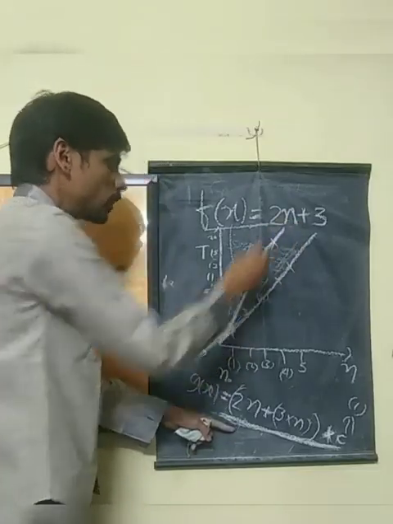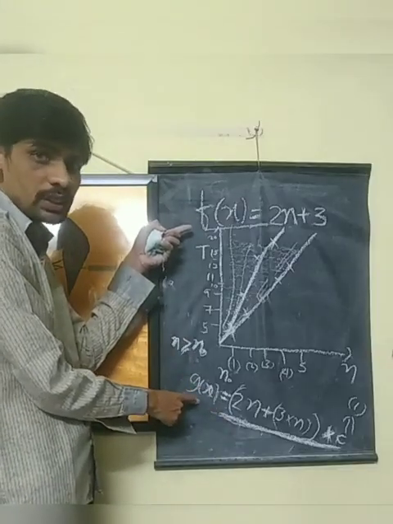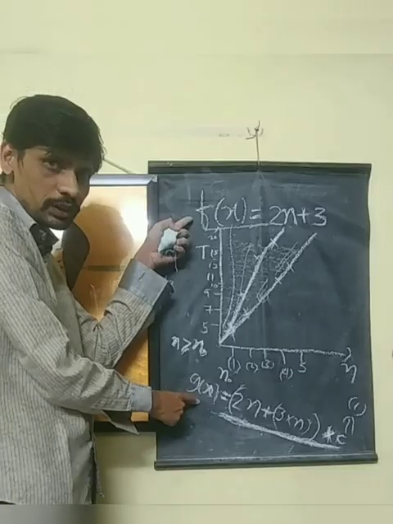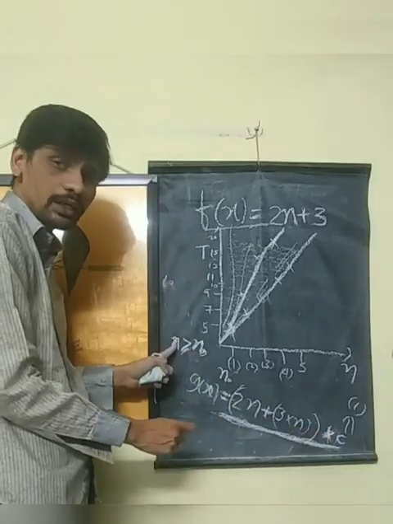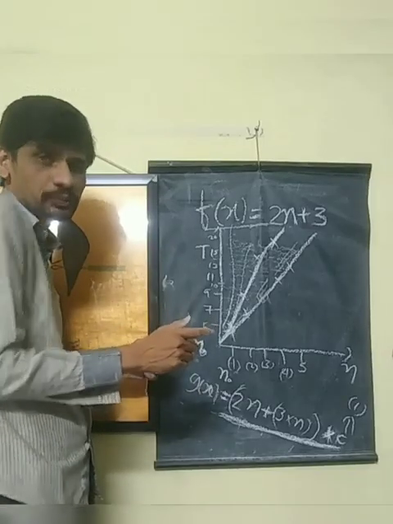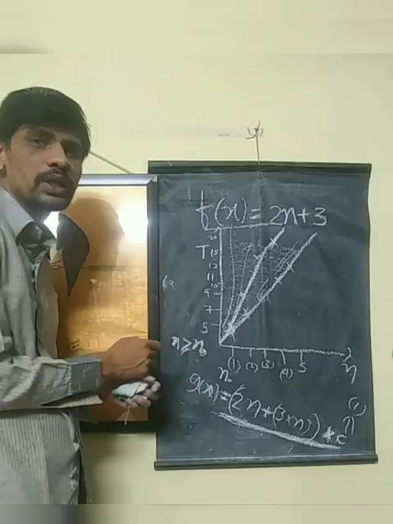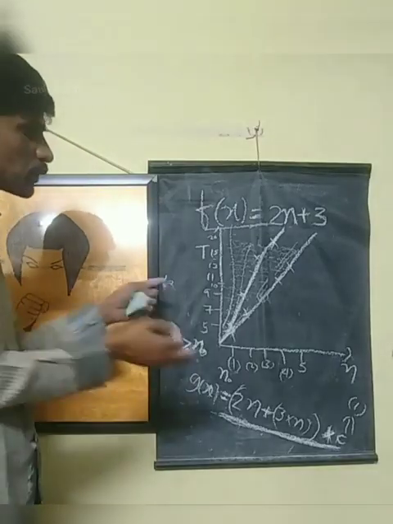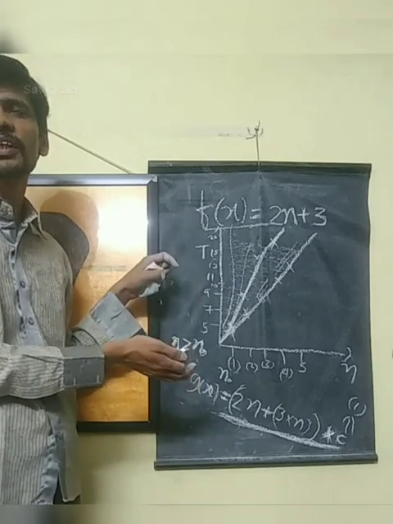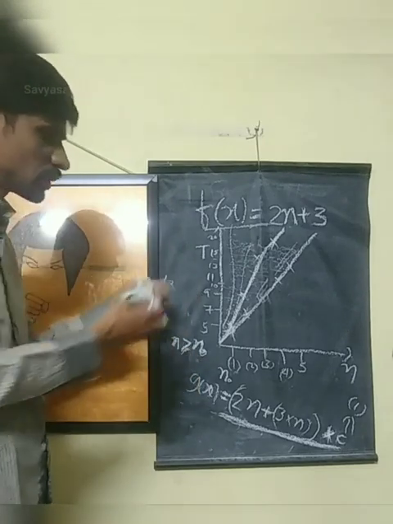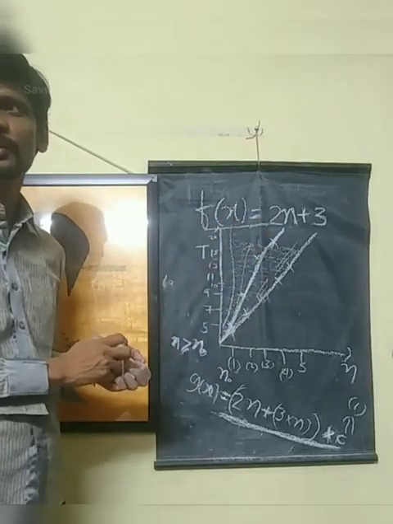So what are we saying with this line? g of x is always greater than or equal to f of x for a positive constant c and n, such that n is greater than or equal to n0. So this we will call big O notation. If everyone understood, we will write that equation.